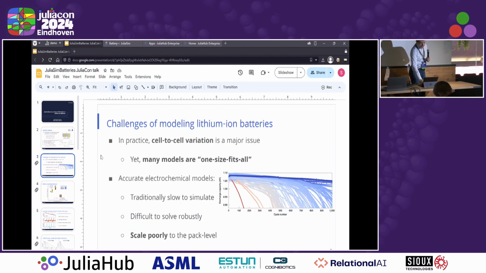Okay, and next. Some of the challenges in modeling lithium-ion batteries are the fact that there is a large cell-to-cell variation. In a battery pack, you have a lot of cells, and there is a large variation in the behavior of each cell. There are a lot of approaches where you have a one-size-fits-all approach, but this doesn't work very well because of this large cell-to-cell variation.